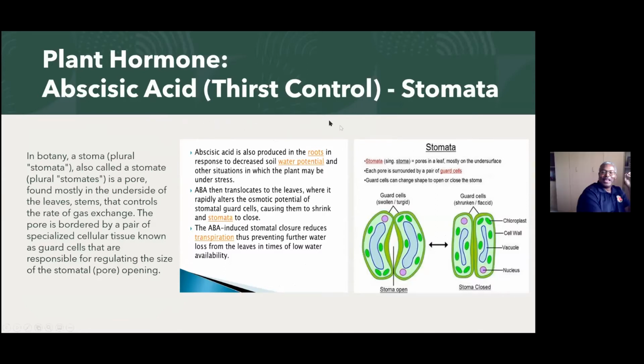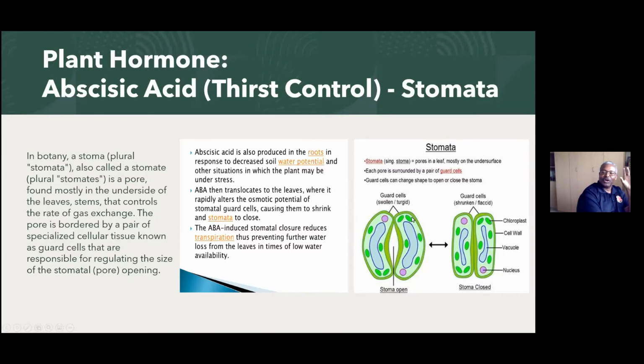All right. Here is an example of that stoma. Here is a swollen one, where the stoma is open, this white area. These are the guard cells, these little bean-shaped cells. When your plant goes into dehydration, the abscisic acid starts flowing and it starts affecting the guard cells.